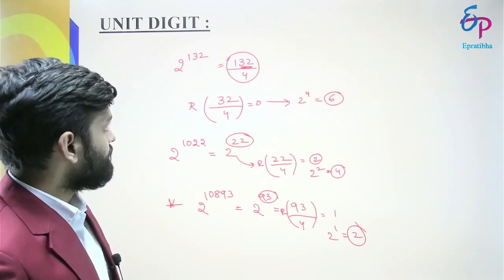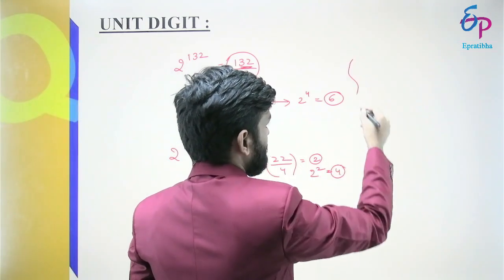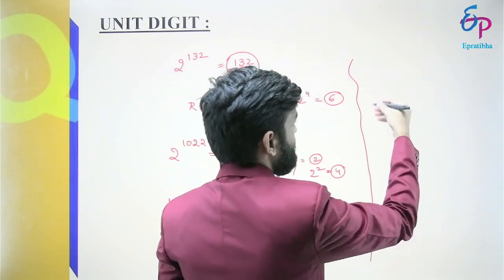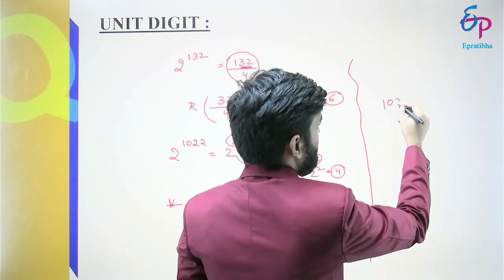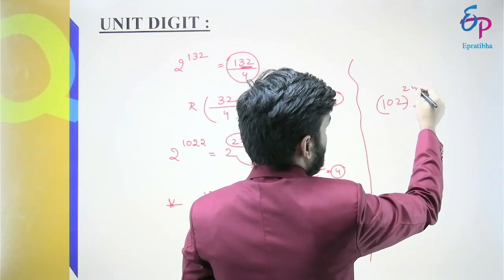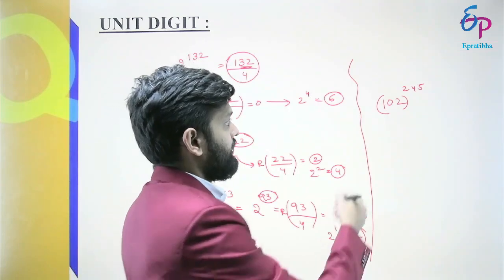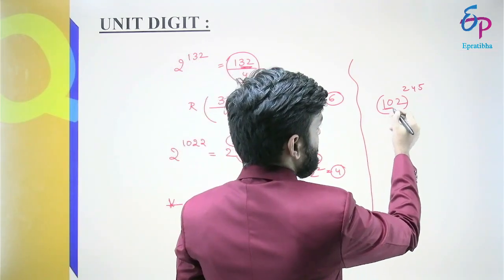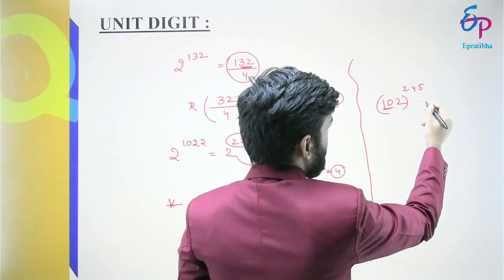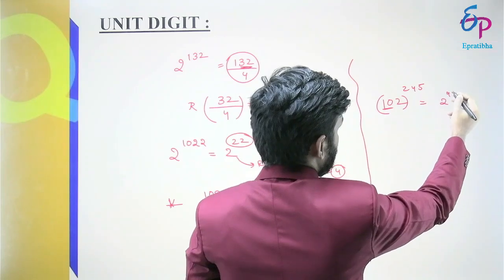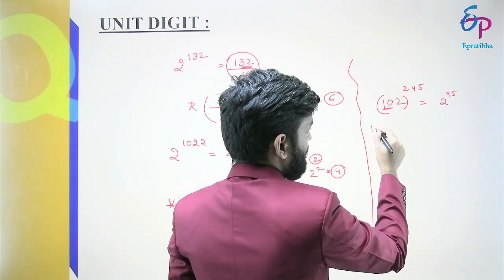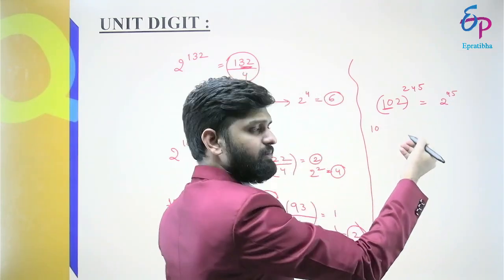Okay. Next, moving on. Now if you have something like this, what is 102 power 245? The short form for this one is simply 2 power 45. Why? See here, 102 power 245. What is the literal meaning of it?